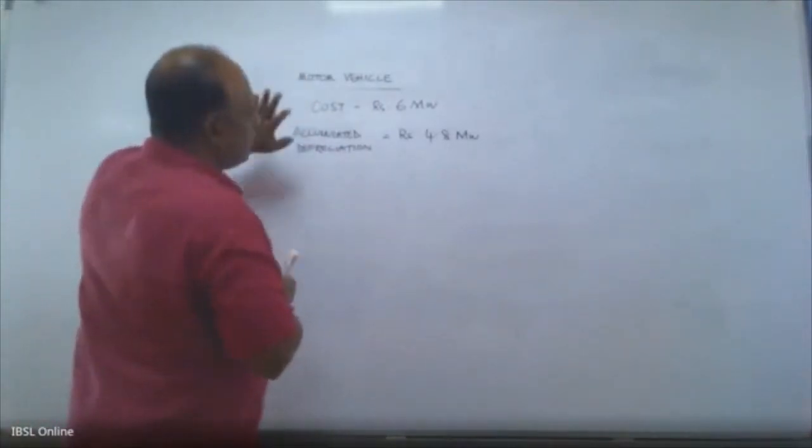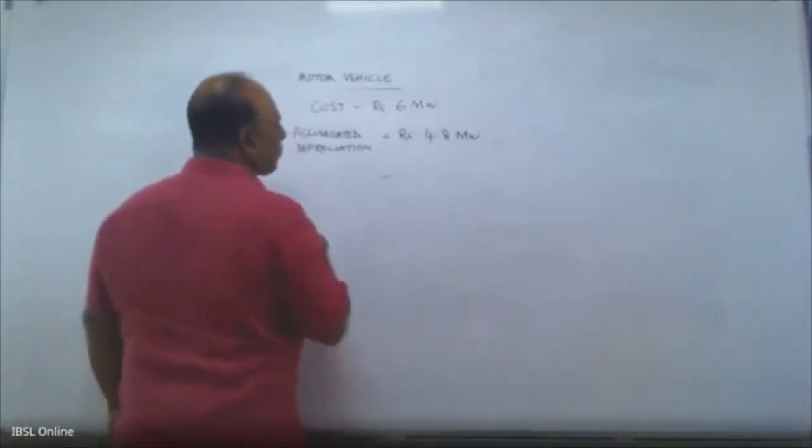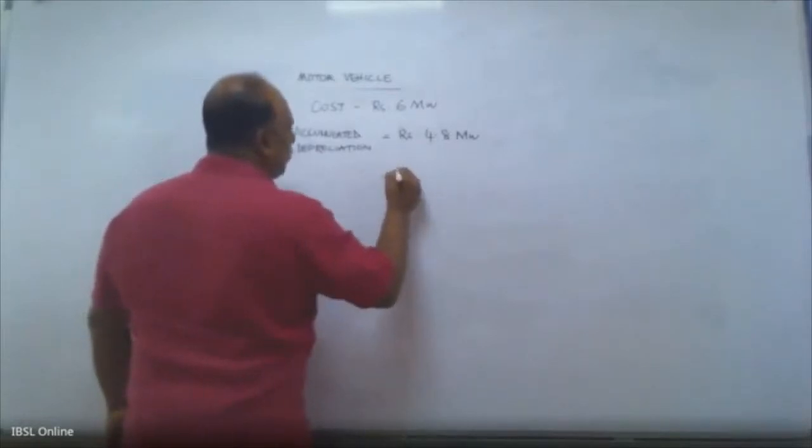You have depreciated for about 4 years, which comes to about 4.8 million. Now you decided, okay, I'm going to give up this asset. I don't want it hereafter. I will need to buy a new one. So I will find a buyer, and this buyer is willing to give you, let's say, 2.5 million.